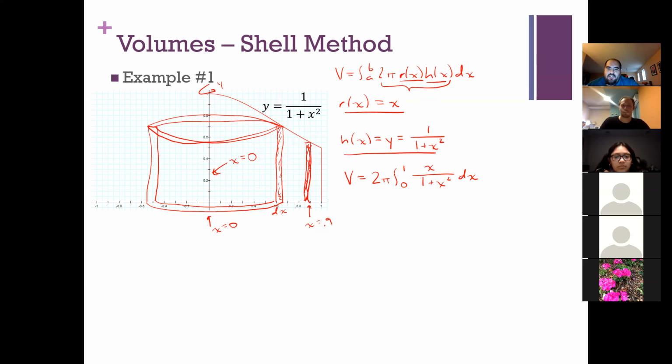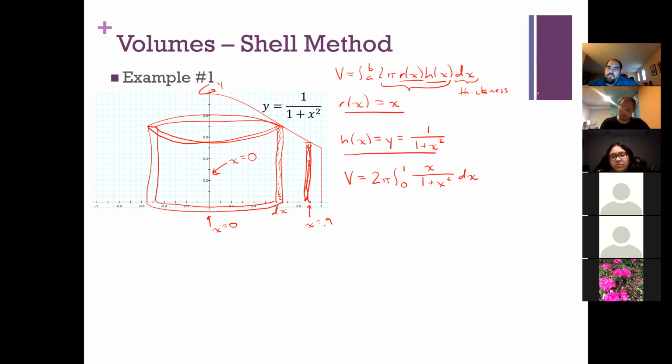Yeah, the 2 pi is still there. I can take it out of the integral and still be okay. But I want to rehash this anyway. So this 2 pi Rx is the area of that rectangular face. So when I multiply that area by some thickness, that's how I get a volume.